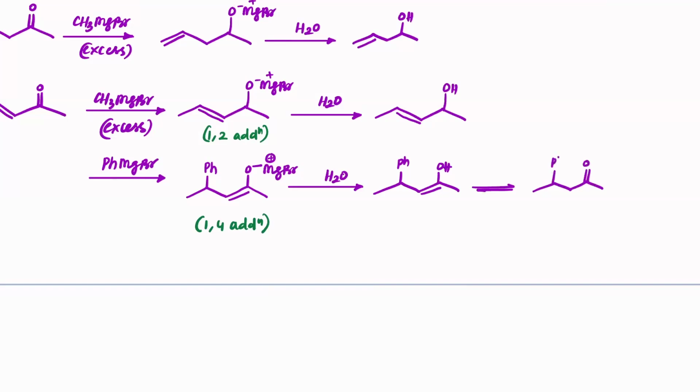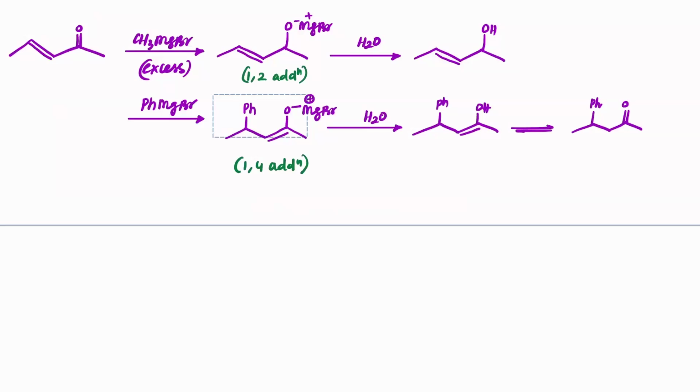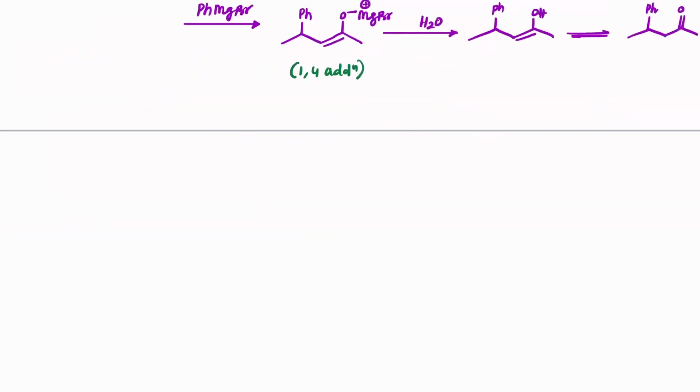Now for this, do we require any assistance of water? Not so much. Even without water it can tautomerize like this, and you will have the keto form here with Ph here.